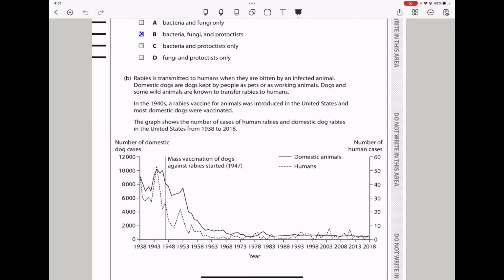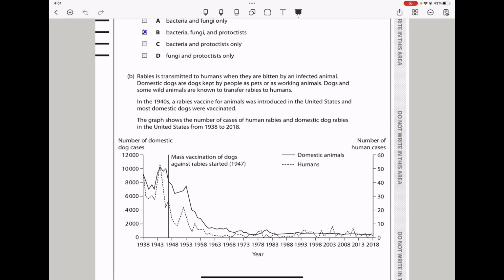And in part B, rabies is transmitted to humans when they are bitten by an infected animal. Domestic dogs are dogs kept by people as pets or as working animals. Dogs and some wild animals are known to transfer rabies to humans. In the 1940s, a rabies vaccine for animals was introduced in the United States, and most domestic dogs were vaccinated.